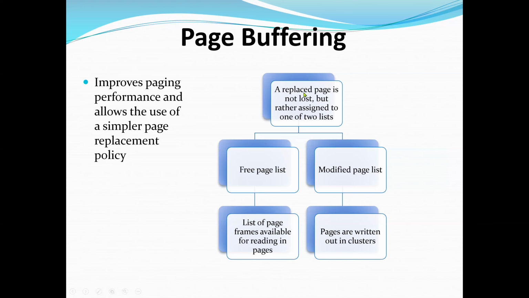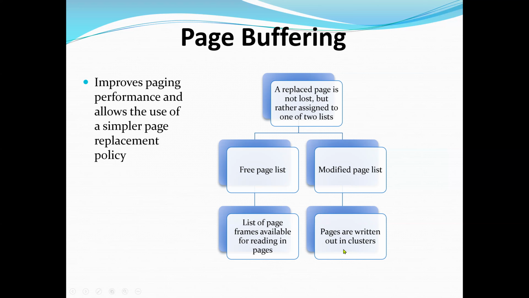Here the replaced page is not lost, but rather assigned to one of two lists: the free page list and the modified page list. With the free page list, the list of page frames are available for reading in pages. And with the modified page list, the pages are written out in clusters.